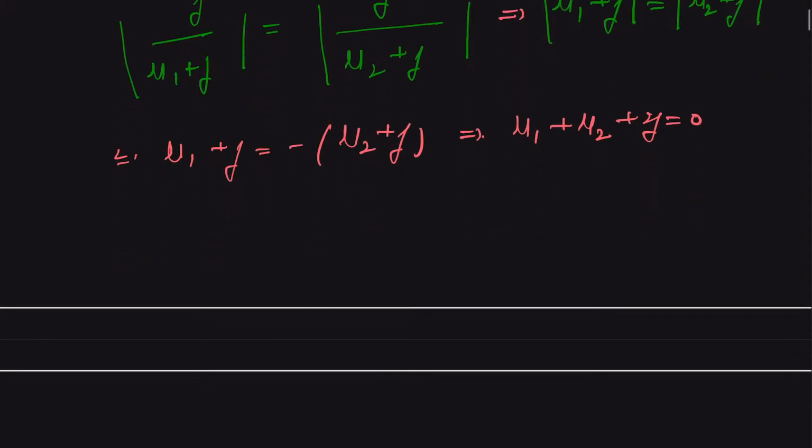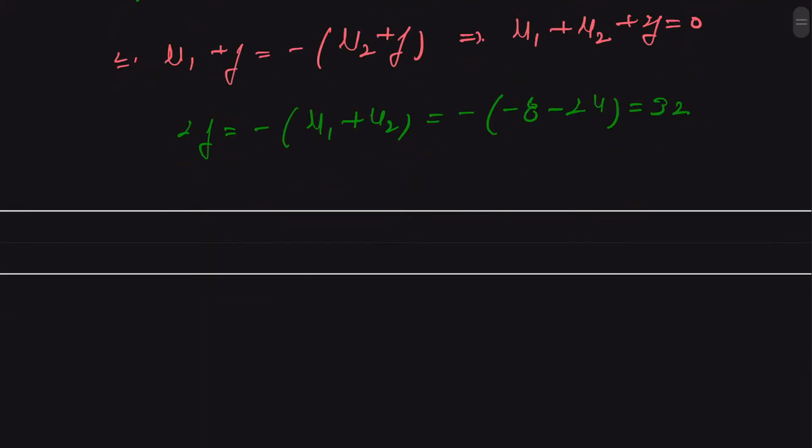Therefore we can say that our 2f will be equal to minus of u1 plus u2, and we already know this u1 and u2, so this comes as minus of minus 8 and minus 24. This will be equal to 32. Therefore we get that the focal length is equal to 16 centimeters.